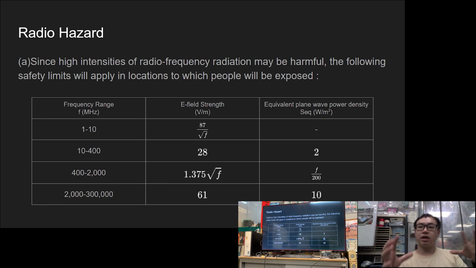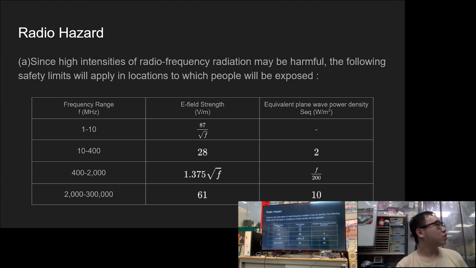Sometimes we can think in this way: the radiation is just like a sphere, right? They're expanding through a sphere. So the power density over the sphere should be less than or equal to 2 watts per meter squared.